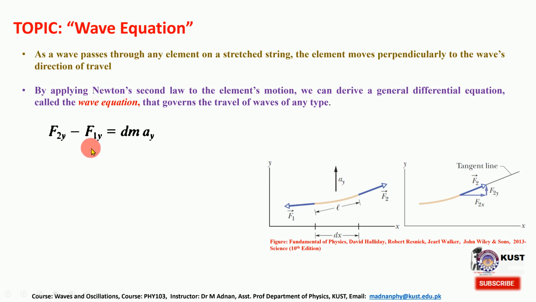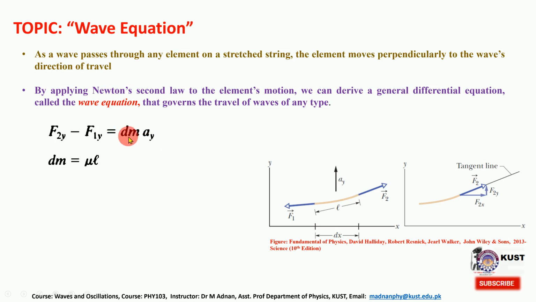The acceleration along the y-axis will be due to the net force along that coordinate. So that will be F2y minus F1y equal to m a, such that the mass of this element is dm, a small element having small mass dm and acceleration a_y.